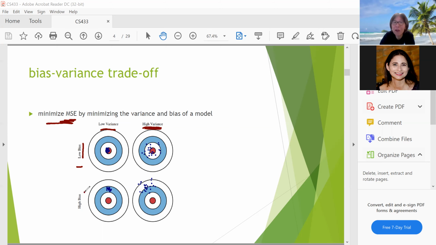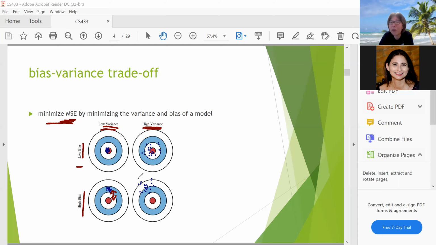And then in this case, a high bias and a low variance. You can see the samples are clustered pretty tightly, but they are off the precise model quite a lot. So this is not good. And the last case is high bias and high variance.